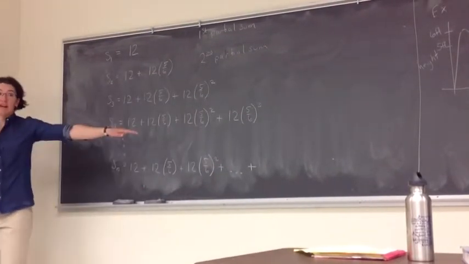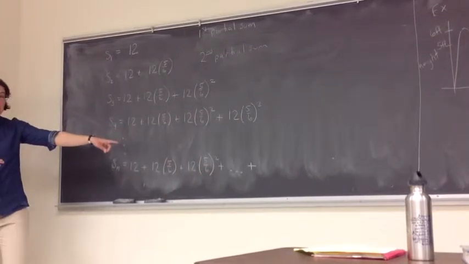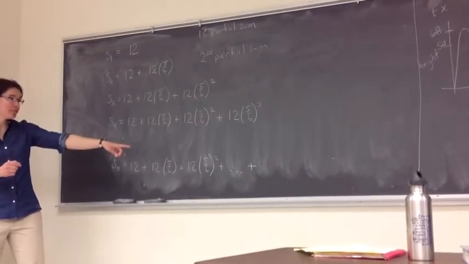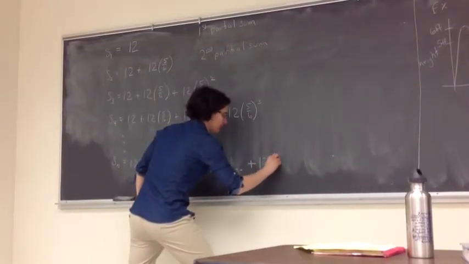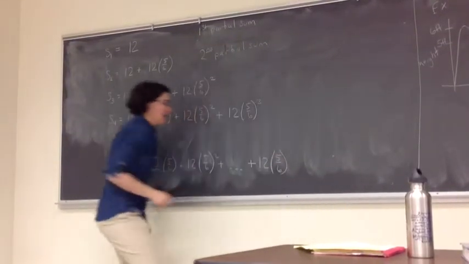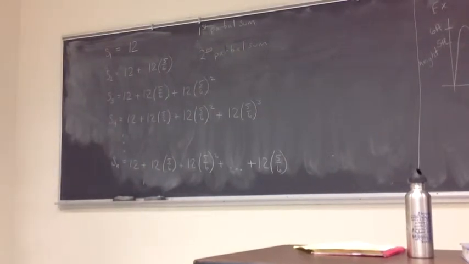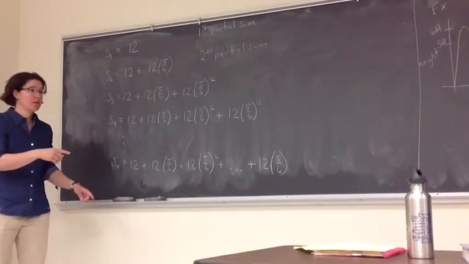So I'm going to have a stopping term at the very end. My very last term is going to have a 12 involved with it. It's going to have a 5/6. Now 5/6 is going to be raised to a power.